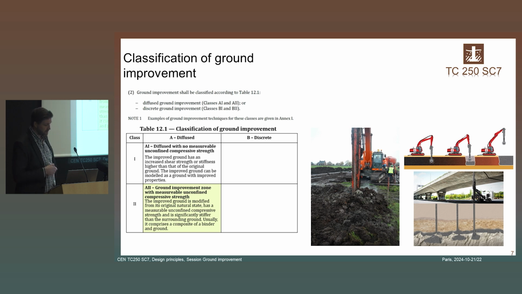Afterwards, we have another class of ground improvement, class A2. We perform a global mass stabilization, for example, but at the end of the process, in this case, we can define a UCS for the improved soil. That's an example of a field followed a few years ago with Adrian in the polders in the Netherlands, in the region of Gouda.